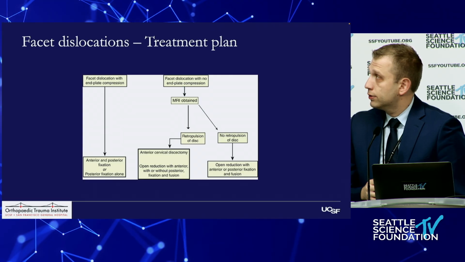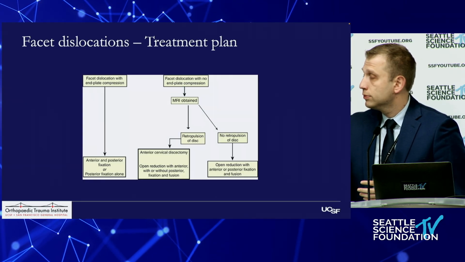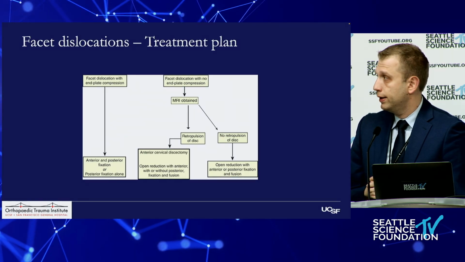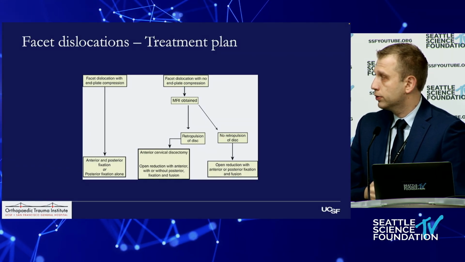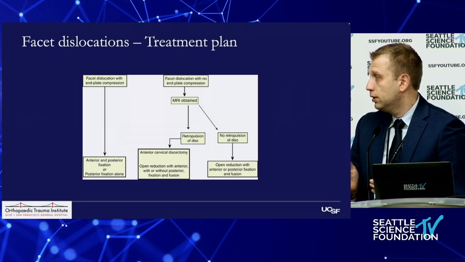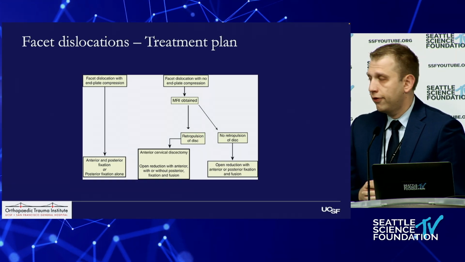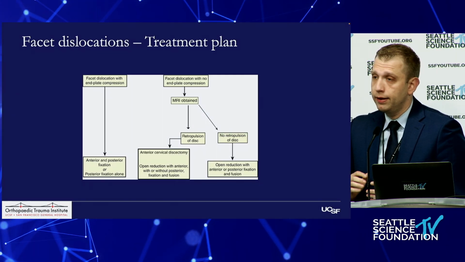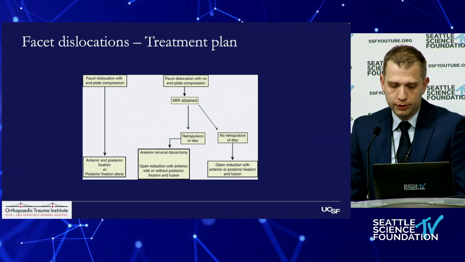If there's a facet dislocation with no end plate compression, you get the MRI. If you have a retropulsed disc, the patient's definitely getting an ACDF with or without a posterior portion. And if there's no retropulsion of the disc, it's dealer's choice with an ACDF or a posterior fixation, again, if the vertebral body is intact and if the facets are somewhat competent.